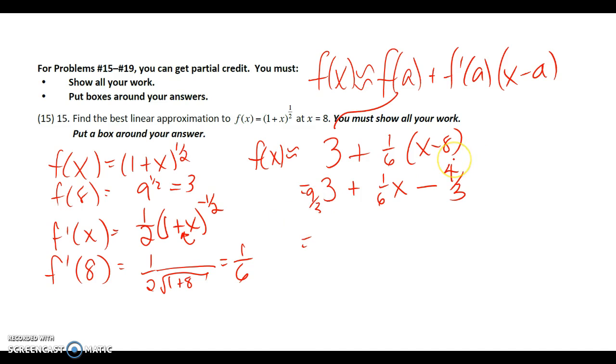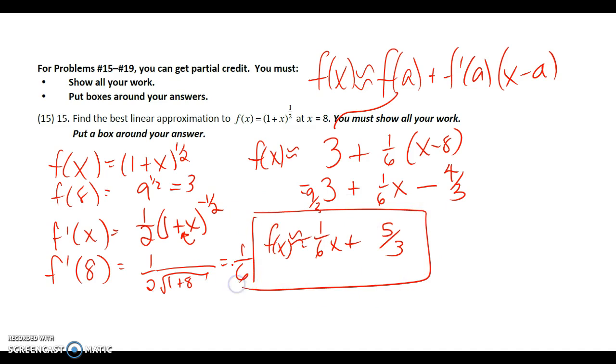So 9 over 3 minus 4 over 3 is 5 over 3. So this is a line, which is what we expect, right? Linear approximation is the line. So this right here is our best linear approximation at x equals 8.